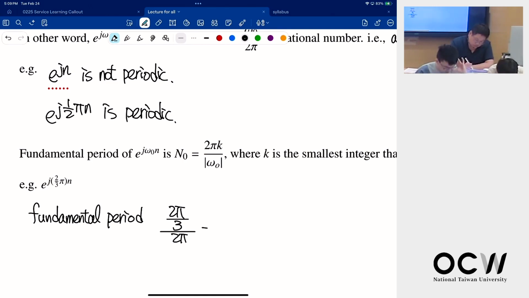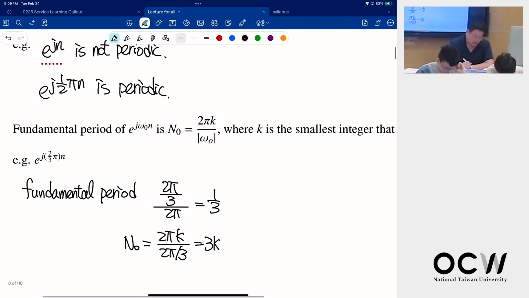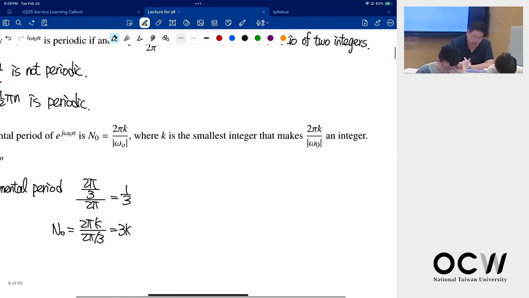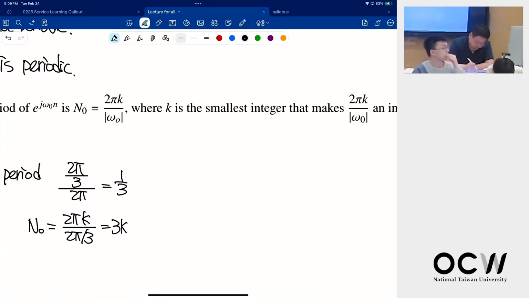You get 1/3. So the n naught is 2 pi k over 2 pi over 3. And this is 3k. So k should be the smallest integer to make this fraction an integer. So we chose k equals 1. Then the fundamental period is 3.